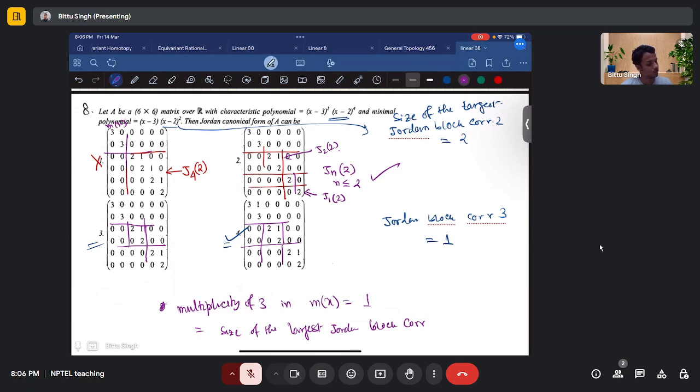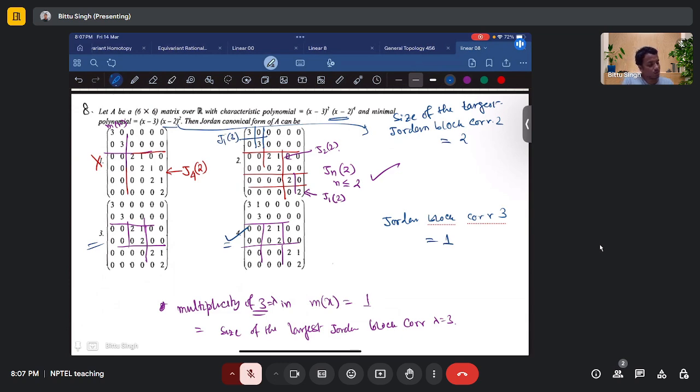lambda equal to 3. So the largest Jordan block which contains 3, its size should be 1. So we can see that the size of this Jordan block is 1, J1 of 3.